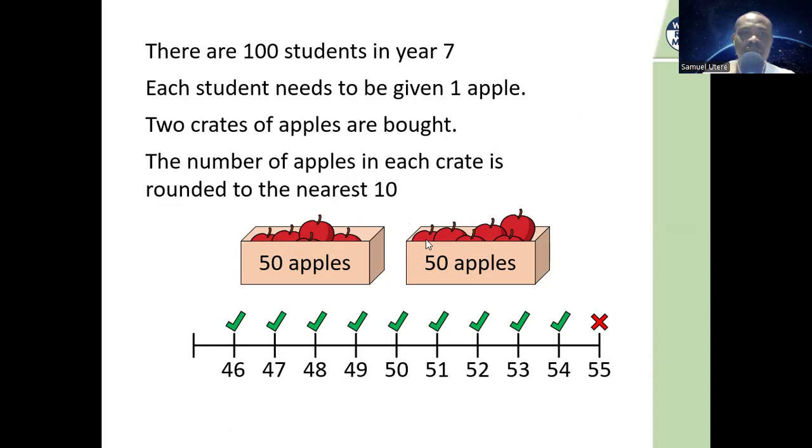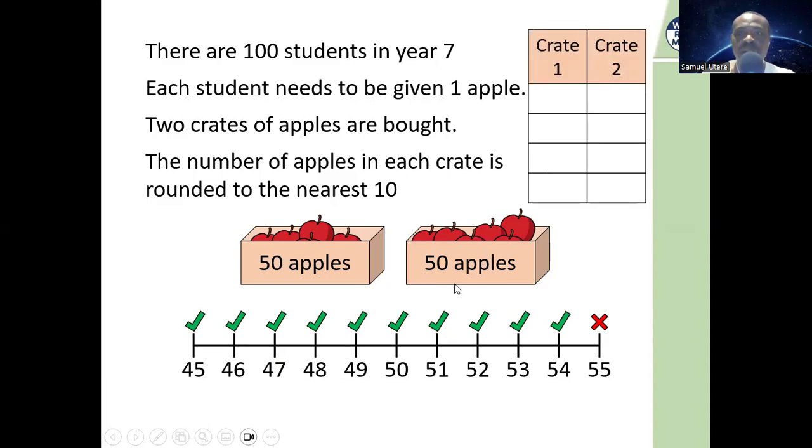Now, if you think about it, what do the number of apples in each crate have to be, if we're rounding, for us to be able to give 100 students? You can clearly see that we can have these combinations of each crate. That's great. That would be in an ideal world. Perfect. But we could have that.